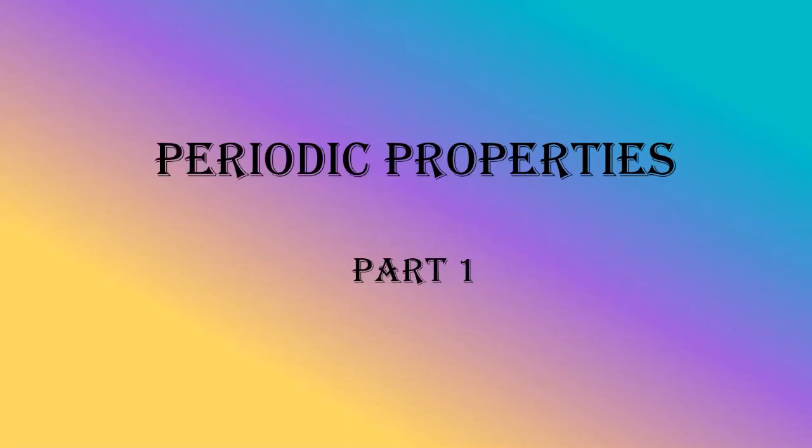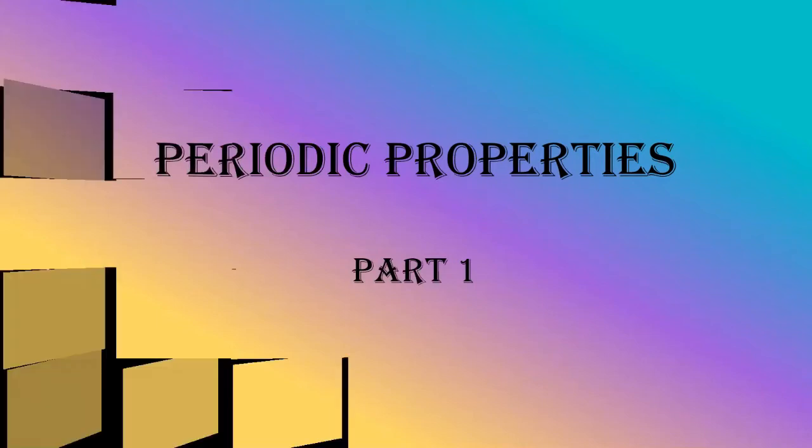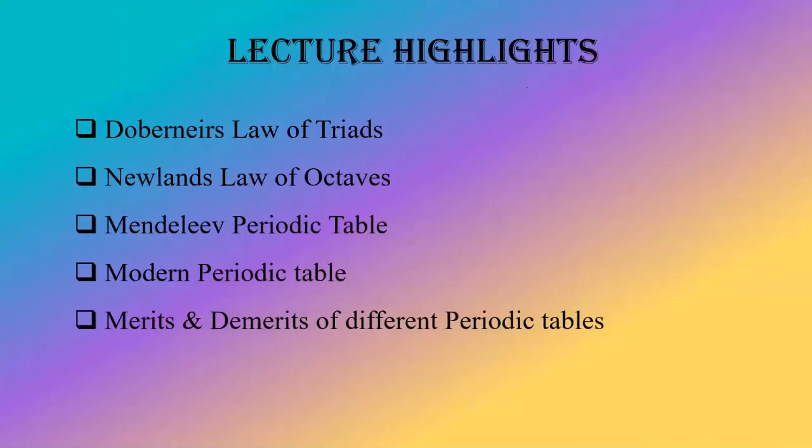Okay, now this is the 5th lecture, and it is actually the first lecture, part 1, for periodic properties, the second part of module 1. So let us see what the lecture highlights are.